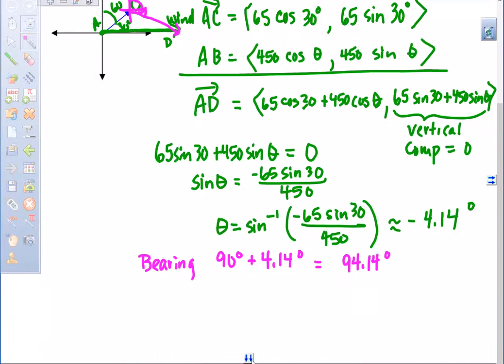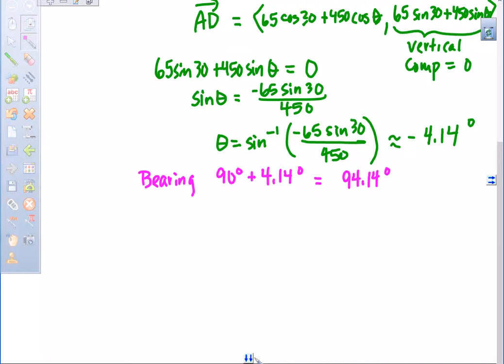All right, now let's find the magnitude. So if we found the magnitude of AD, what is the magnitude of vector AD?